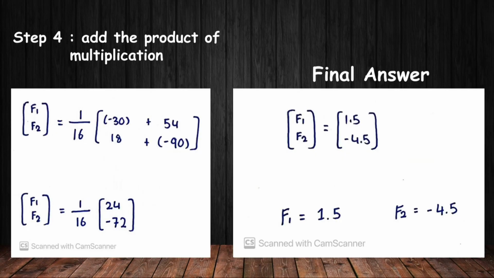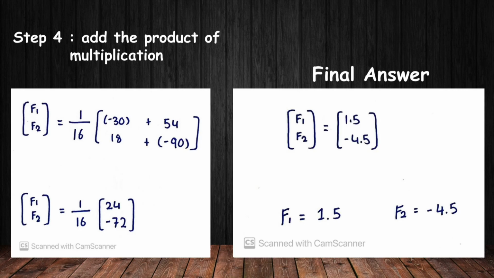Step 4. Add the products of the multiplication. The bracket F1 and F2 equals 1 over 16, the bracket negative 30 plus 54, 18 plus negative 90. F1 and F2 equals 1 over 16, the bracket 24 and negative 72.